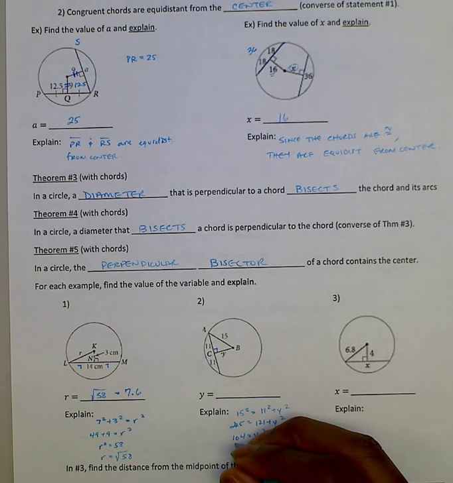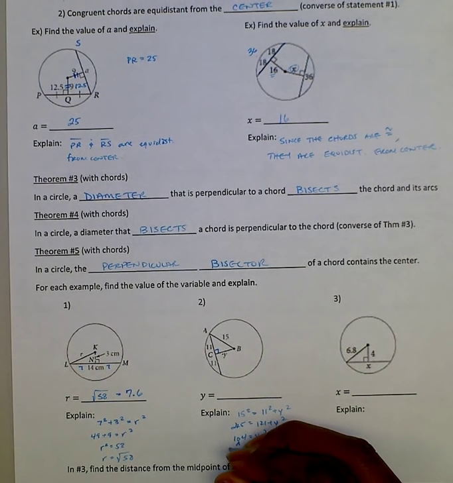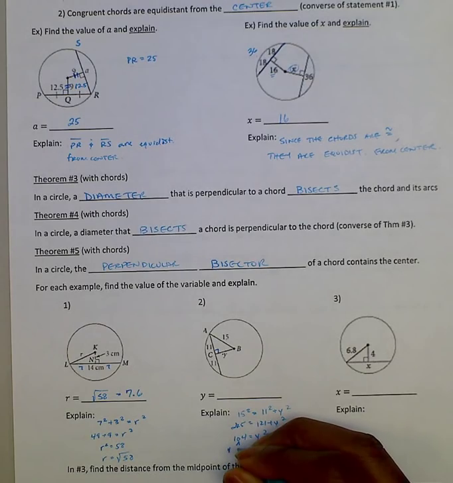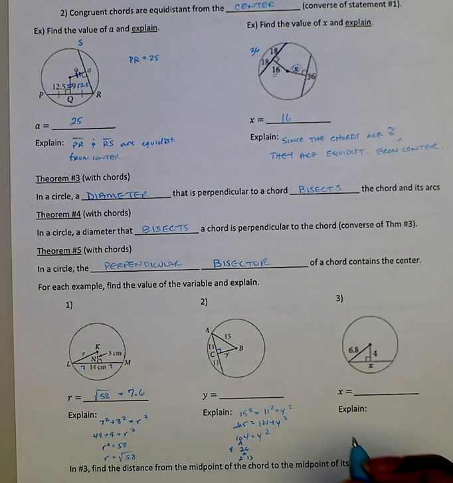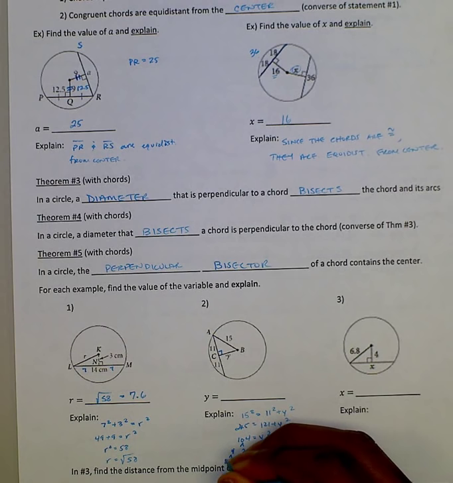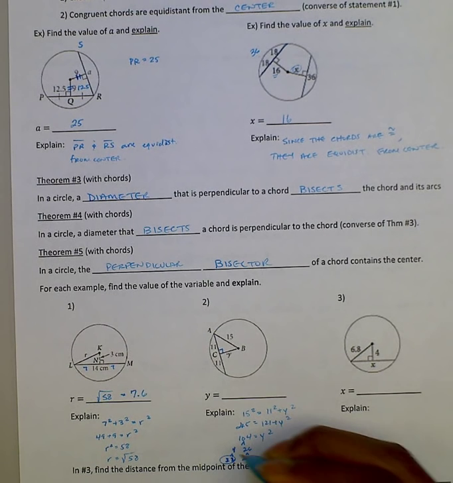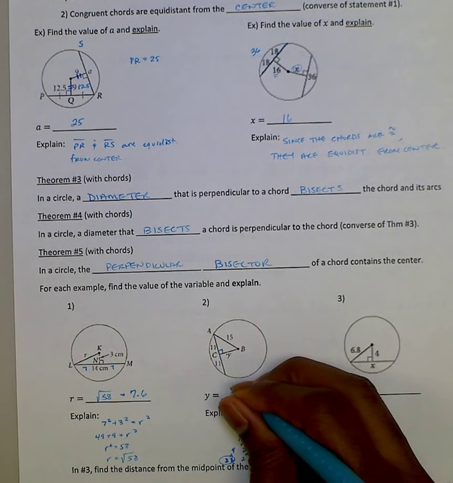Let's break this down. So that's 4 times 26. That's 2 and 13. Okay, so we have 2 radical 26. So y will equal 2 radical 26.